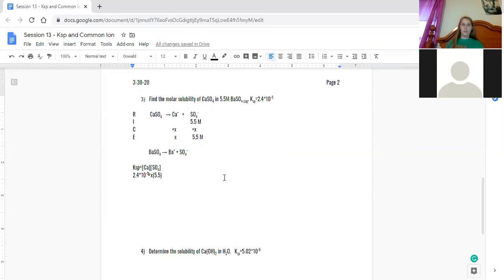Perfect. Someone put on here 4.36 times 10 to the negative 6, and that's exactly what I have come up with as well. So we have our x value equals 4.36 times 10 to the negative 6.